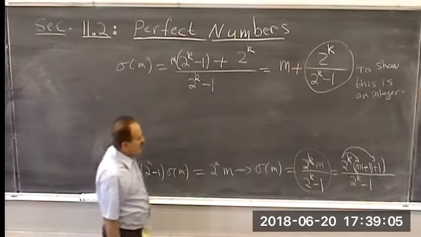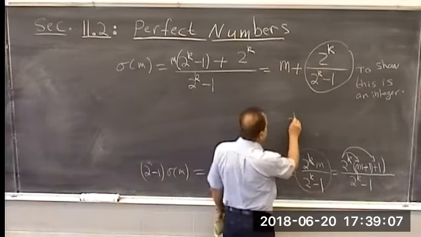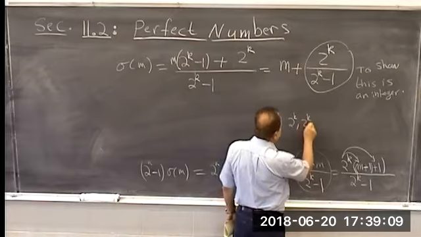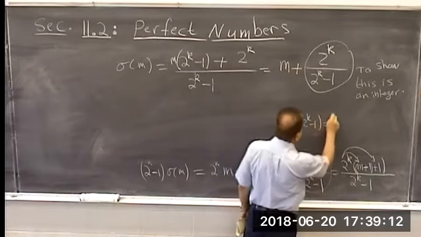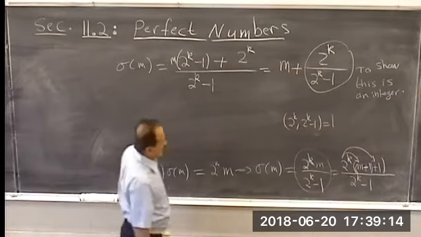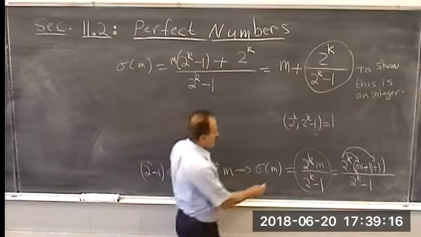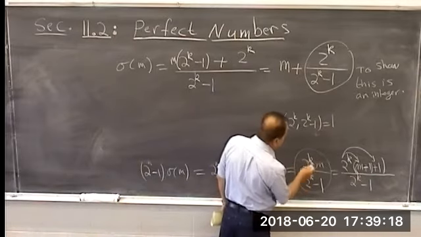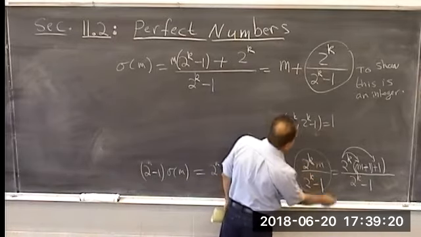We know that 2 to the k and 2 to the k minus 1 are relatively prime, so their gcd is equal to 1. In other words, 2 to the k does not divide 2 to the k minus 1.